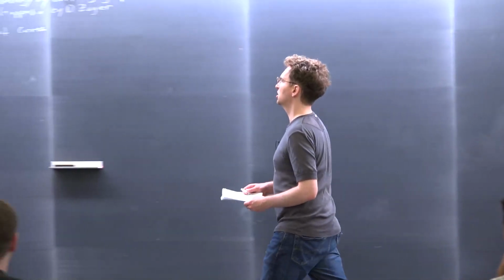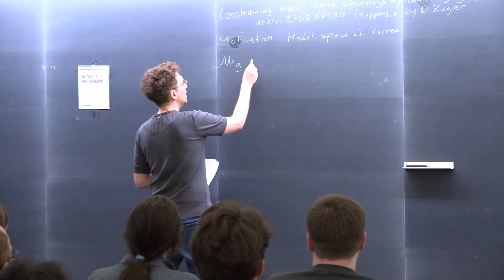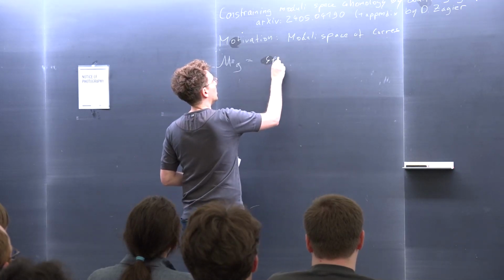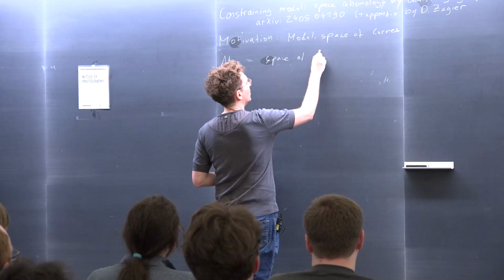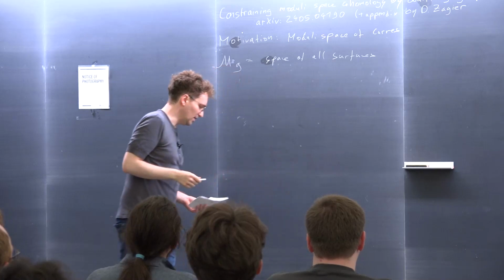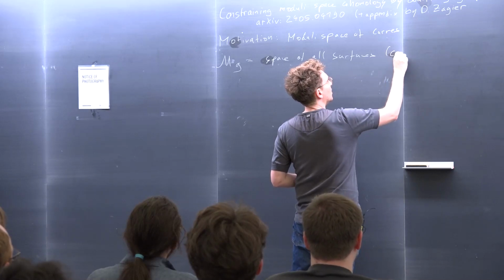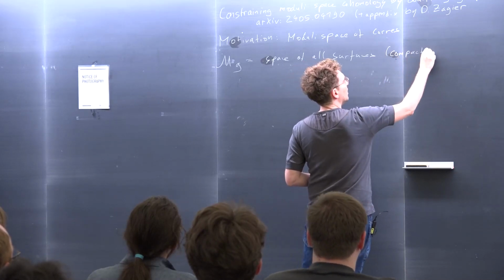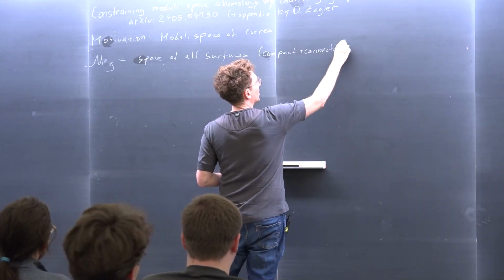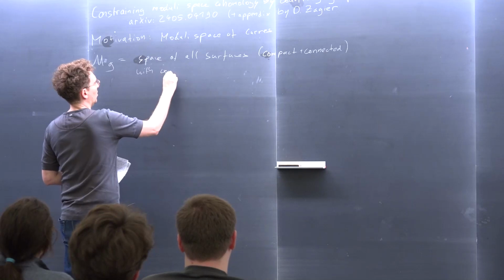So one way to think about it is, so this is Mg, and this is the moduli space of all surfaces that are compact and connected with a complex structure on them.